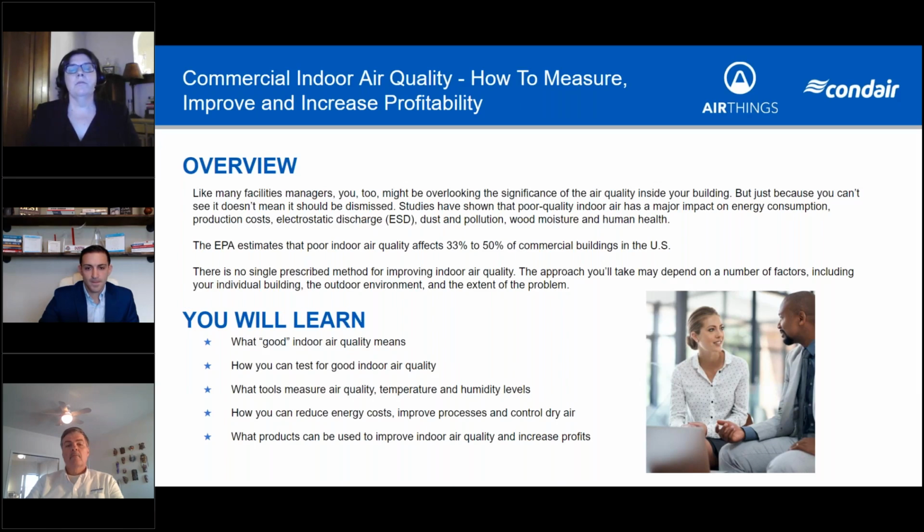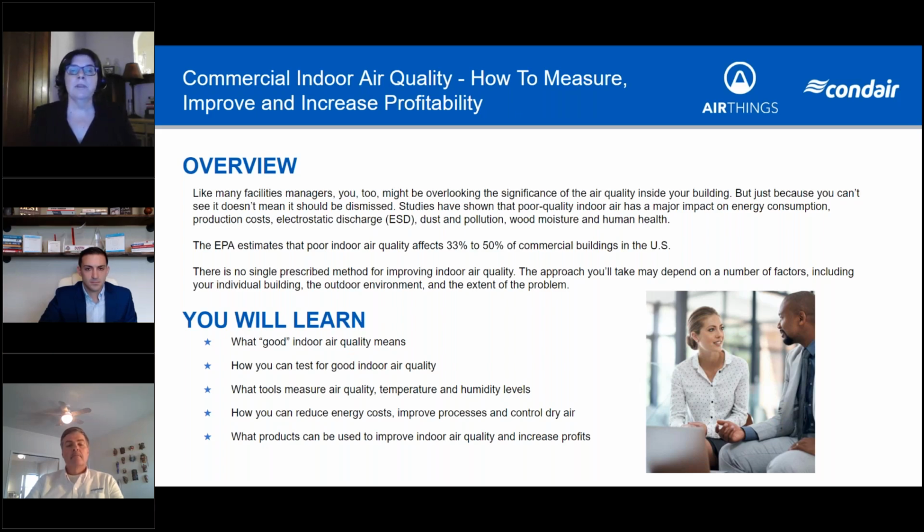So in this webinar, we will be addressing a few things: the significance of air quality inside your building and the impact that it has on energy consumption, production costs, electrostatic discharge, dust and pollution, wood moisture, and human health. The EPA estimates that poor indoor air quality affects 33 to 50% of commercial buildings in the United States.